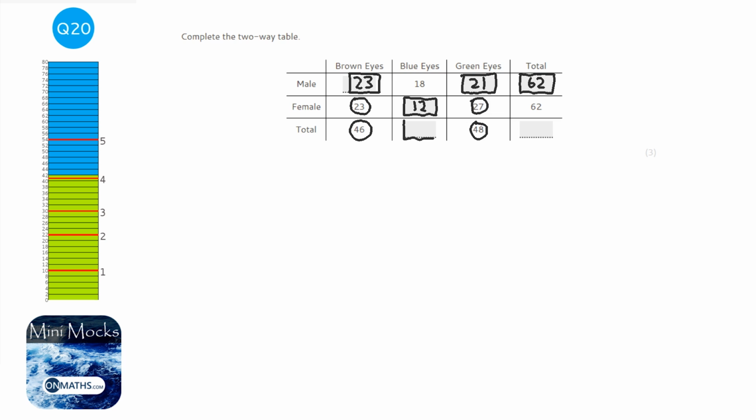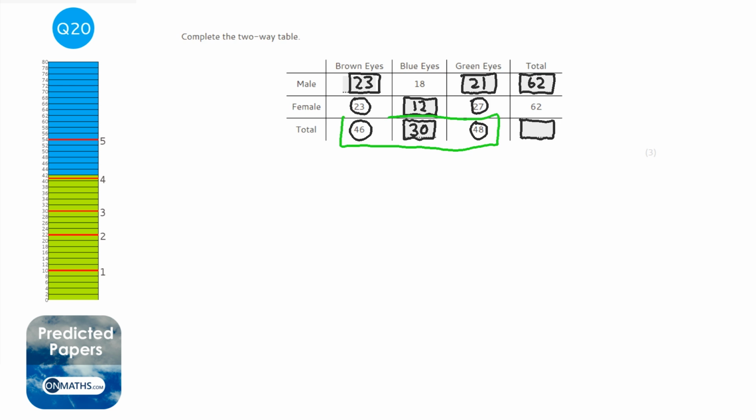With that one sorted, we can get this one. And if there's 18 males with blue eyes and 12 females with blue eyes, that means there's going to be 30 altogether. Now this total is either the total of these ones or the total of these ones, and they should give you the same number.